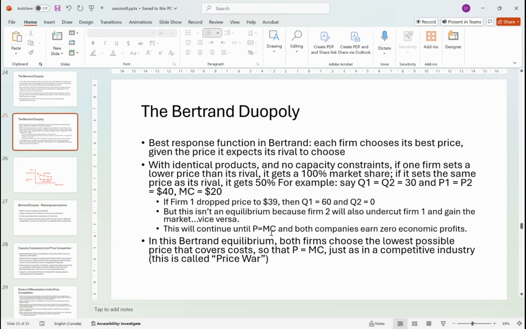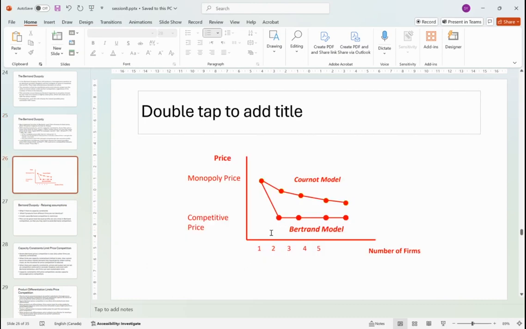And when it reaches $20, the economic profit of both firms is going to be zero, right? So that's how the equilibrium price under Bertrand duopoly is going to be the same as the equilibrium price under perfect competition.